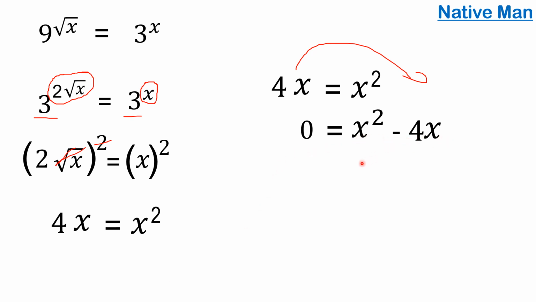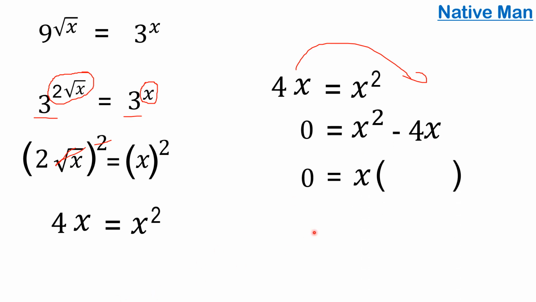All you have to do here is solve by factoring, since this is a quadratic equation. We are going to factor out the monomial factor of the two terms, x squared minus 4x. The first term is x squared, the second term is 4x. What is the monomial factor? We have common x here, so the common monomial factor is x.